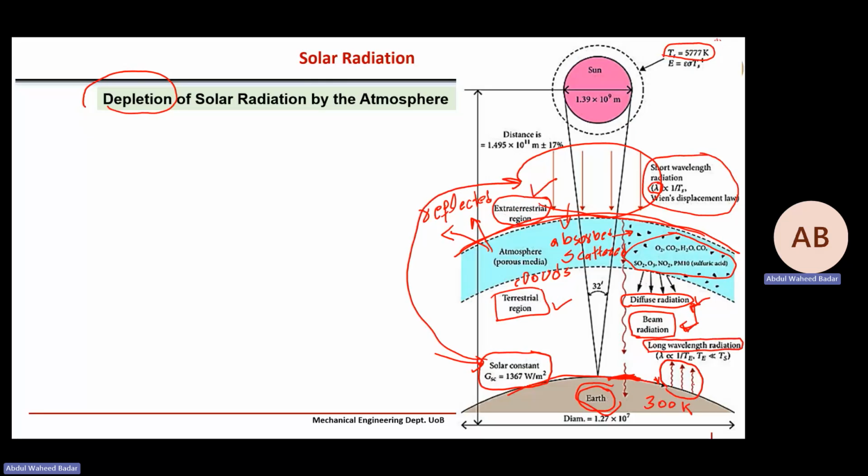So if you see Wien's displacement law, which we already discussed in the radiation part, as the temperature rises, the wavelength at which the maximum radiation is emitted will be smaller. So here the earth temperature is much smaller than the sun. That's why the radiation emitted by the earth is of long wavelength.